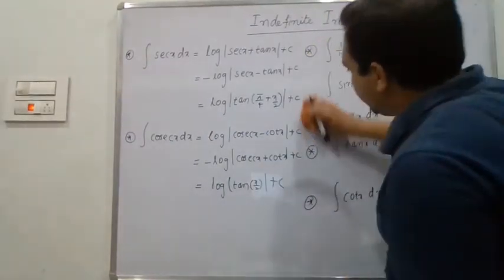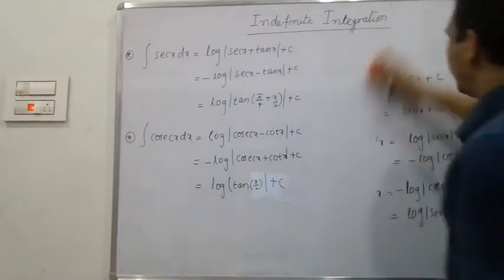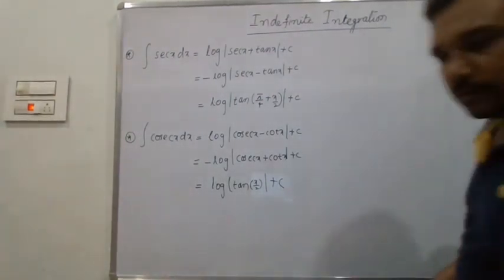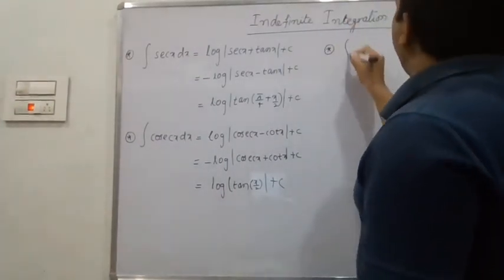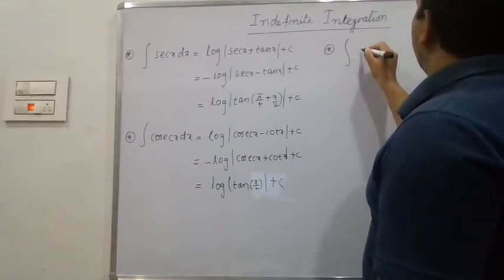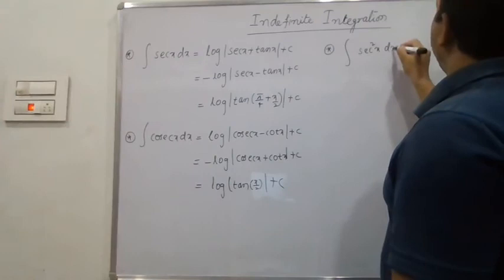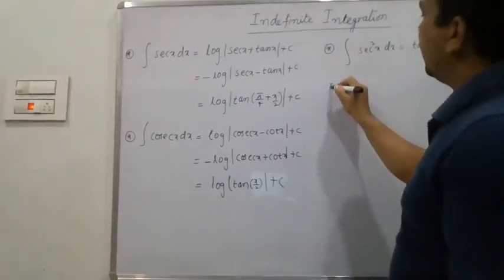Next, integration of secant square x dx is equal to tan x plus c.